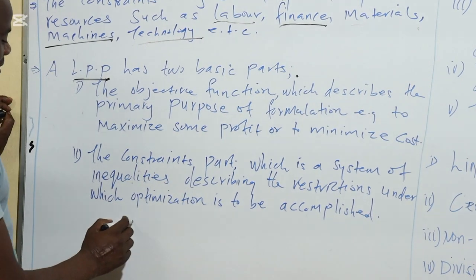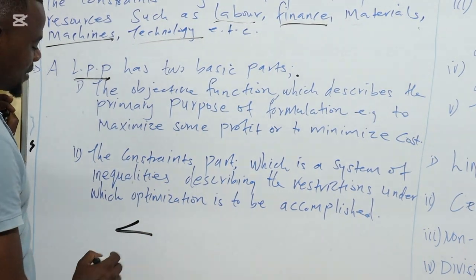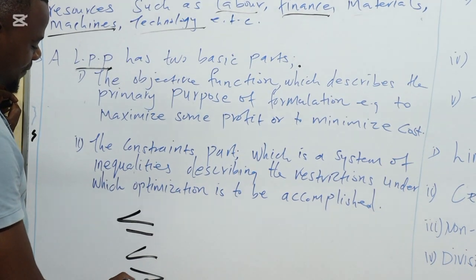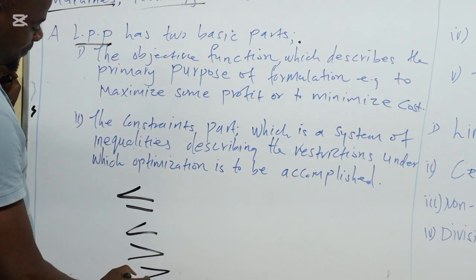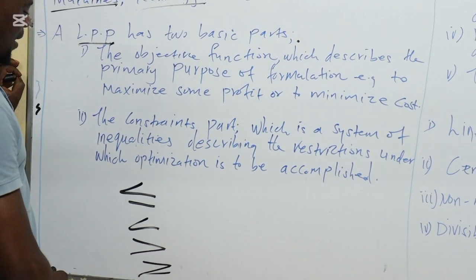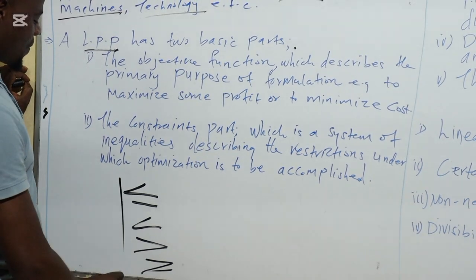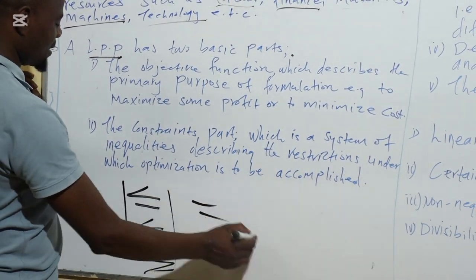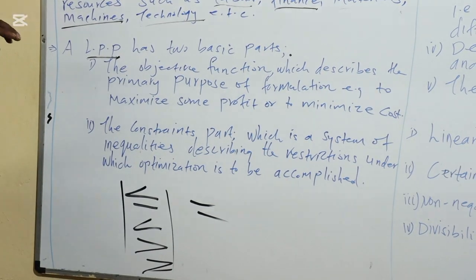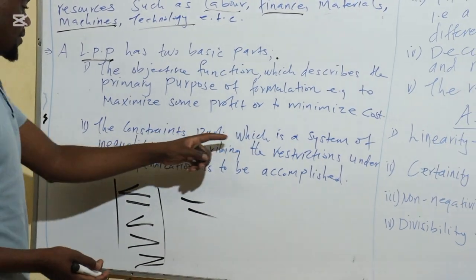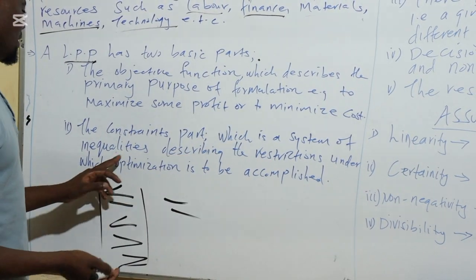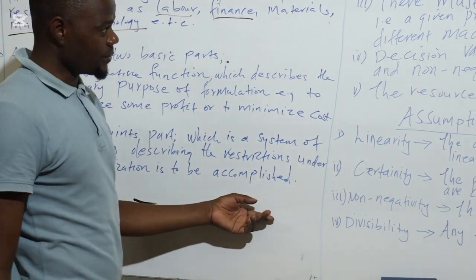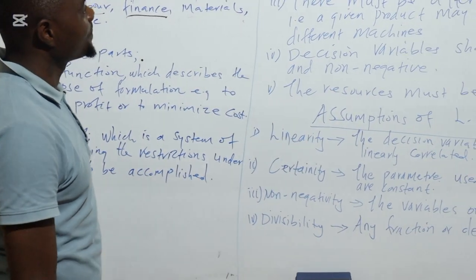Remember, we only have these four symbols of inequalities, but an equation only has the equal sign. So these constraints are a set of inequalities describing the restrictions under which optimization is to be accomplished.